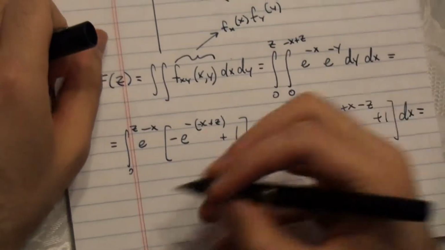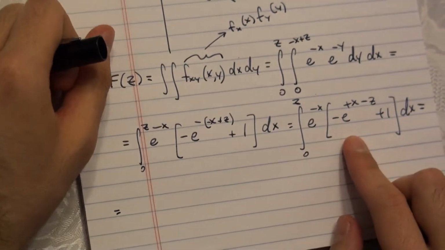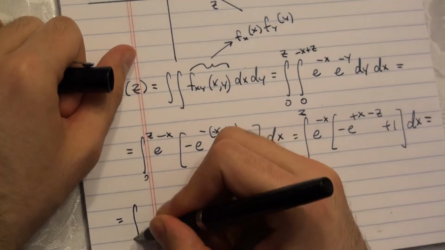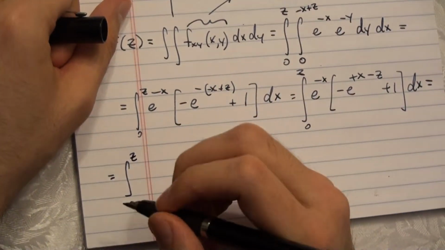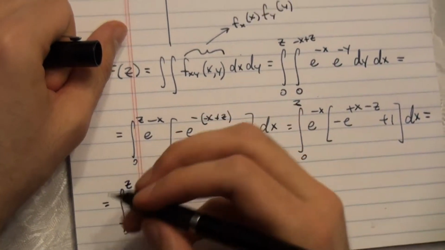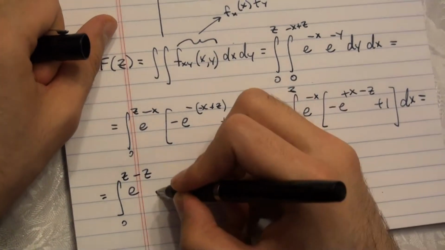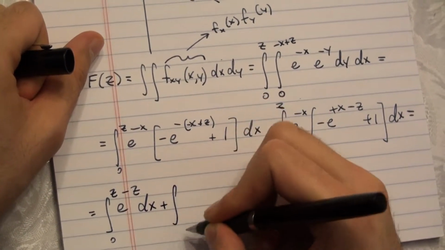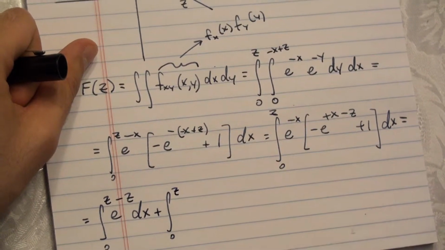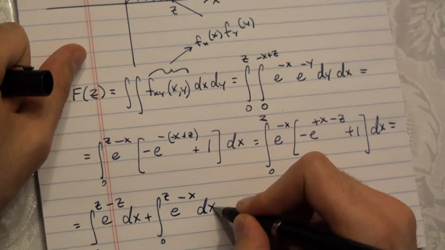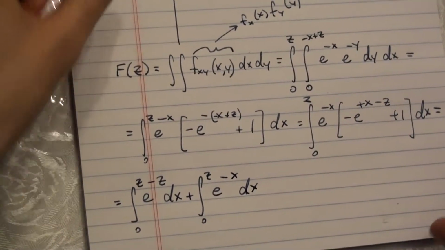Now we multiply through. That gives us the integral from 0 to z of e to the minus z, split into two integrals, dx, plus the integral from 0 to z of e to the minus x dx.